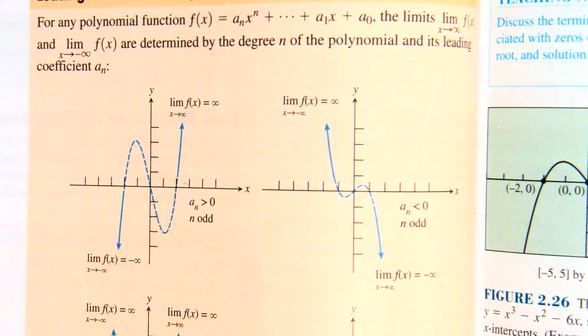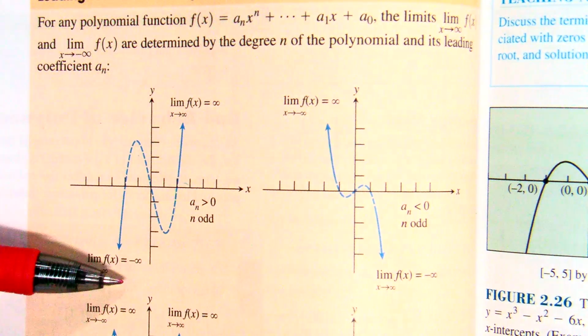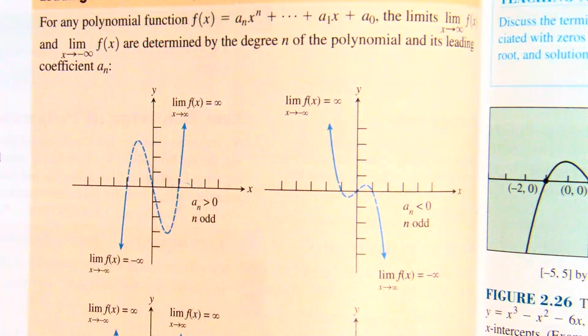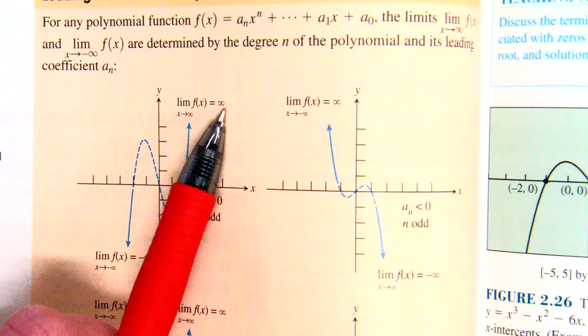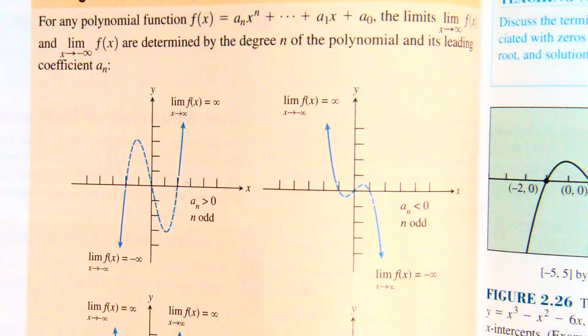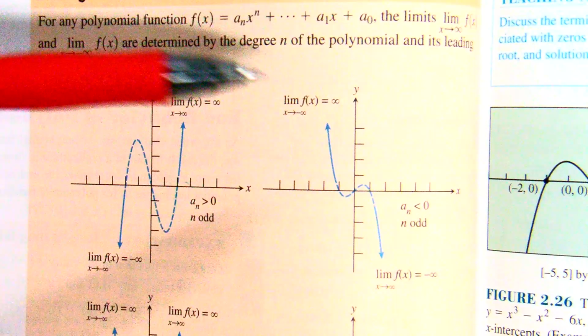Infinitely down is expressed as negative infinity. What's happening as we move to the right on this graph? As my x values get larger and larger and larger and I move to the right, where's my graph going? Up. As it's going up, it's approaching what? Positive infinity. So as x moves to positive infinity, it's approaching positive infinity. Those are the type of limits we're going to be writing, which is what I'm trying to show you in this chart. This graph, what's happening?